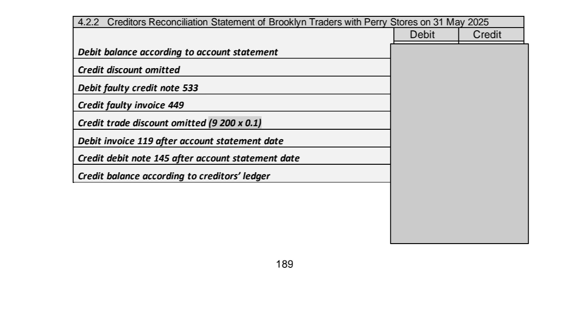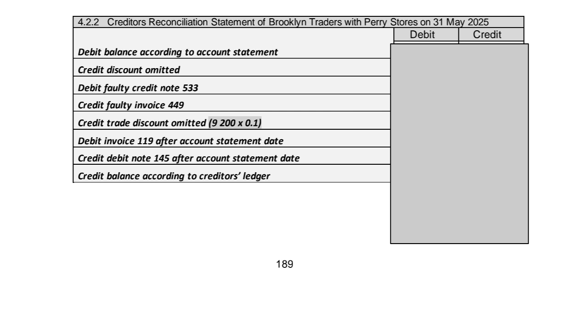4.2.2 Creditors Reconciliation Statement of Brooklyn Traders with Perry Stores. Firstly, to be able to complete the creditors reconciliation statement, you need to familiarize yourself with the format. So it will start with the balance according to the account statement. Then you'll have any credit discounts omitted, any debit faulty errors, any credit faulty errors.